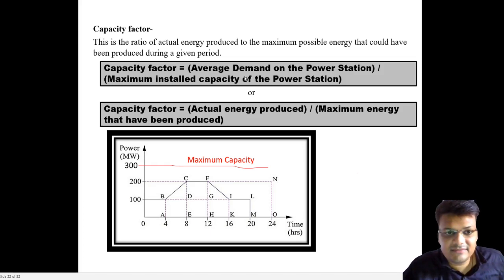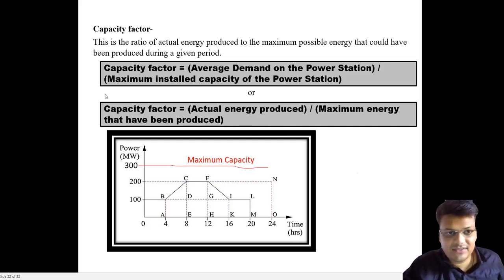And second, in some questions it will be given as actual energy produced. It is the same formula: actual energy produced divided by the maximum energy that could have been produced. Just remember, somewhere it is asked in that format, where the question directly gives the actual energy produced by the plant in megawatts, and the maximum energy in terms of energy.